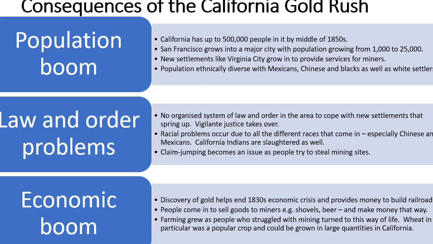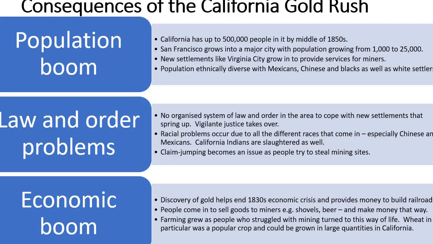But a whole range of new settlements grow all around the West. Virginia City is one example which grows and helps to provide services for miners. So these towns grow. They're providing saloons, shops and services, brothels.